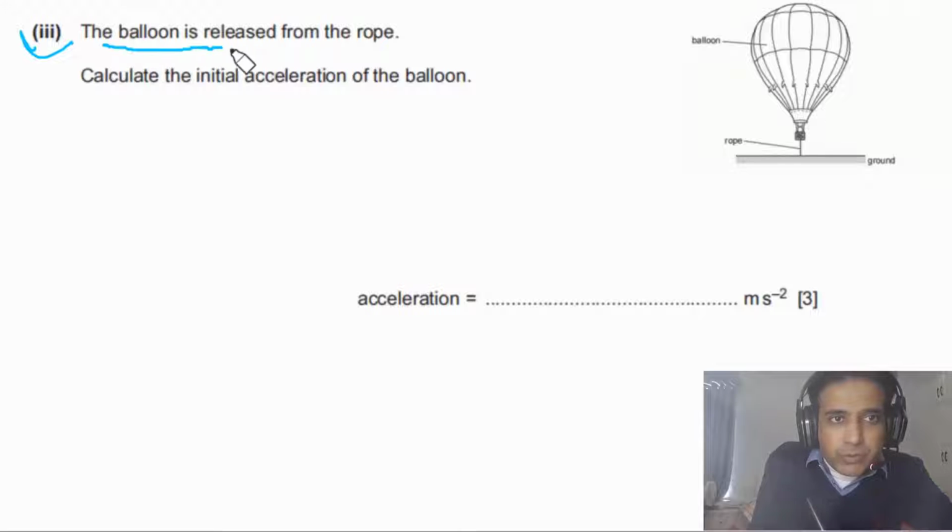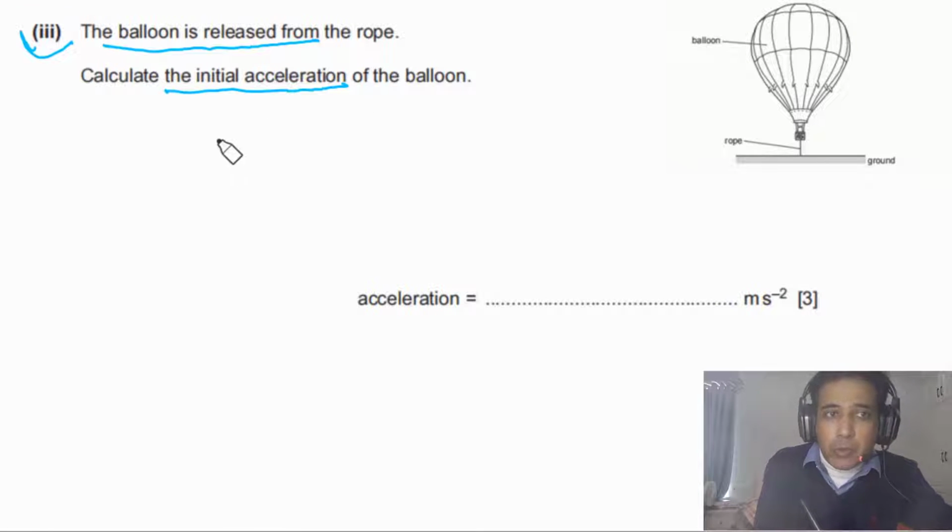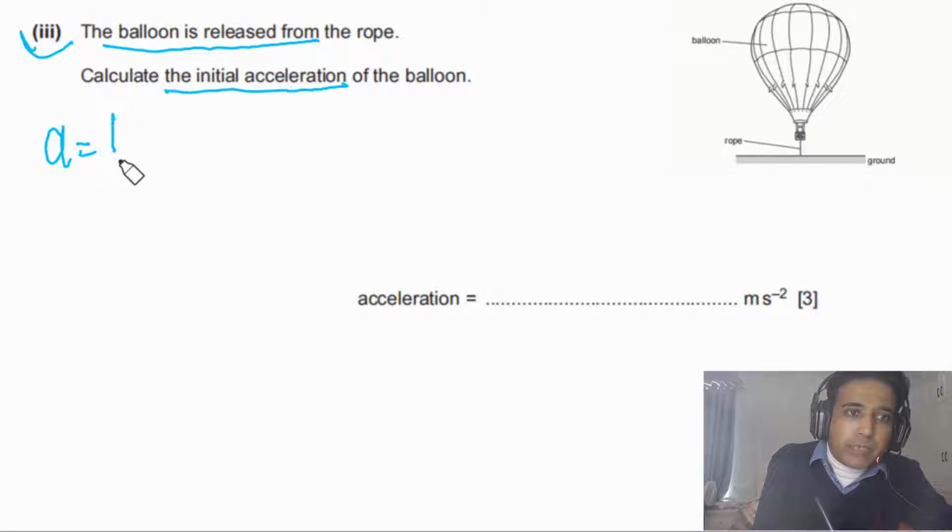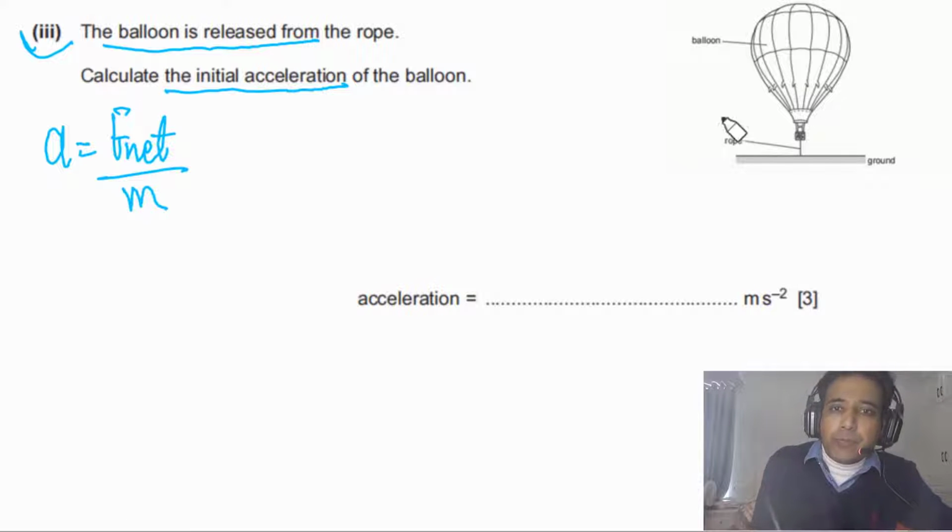The question says the balloon is released from the rope. Calculate the initial acceleration of the balloon. Acceleration, we can calculate if we have the value of the net force on the balloon and we divide by the mass of the balloon. We have discussed in the previous part, when this balloon was stationary, not moving, the forces on this balloon are balanced.